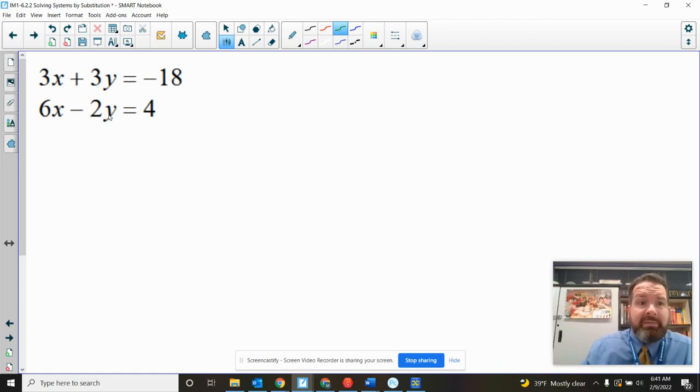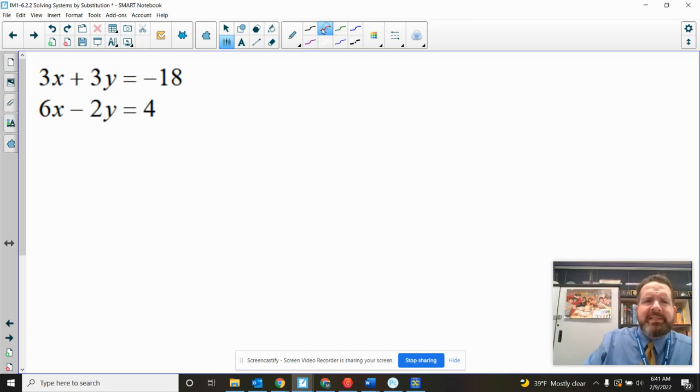For example, if I divide this bottom equation by -2, well, 6 is even, so that would divide nicely. 4 is even, so that would divide nicely. So it's a little work, but it's going to be nice in the sense that there will be no fractions or decimals. If instead I chose to solve for this bottom x, I'd end up dividing by 6. And 2 does not divide evenly by 6. I would have a fraction or a decimal left. That's not bad. It just makes the work a little tougher.